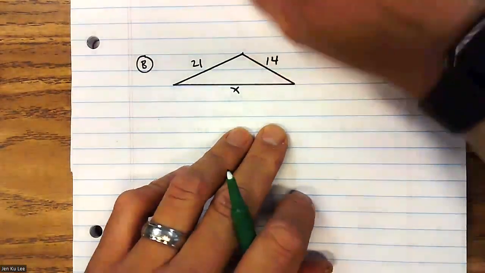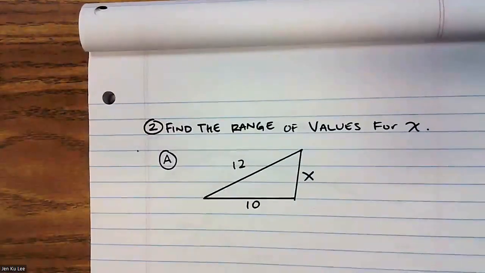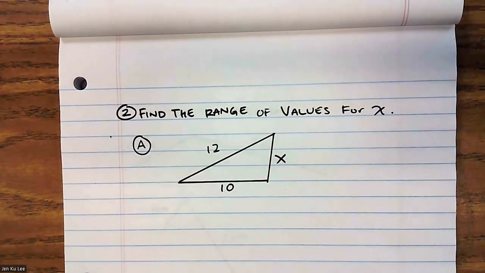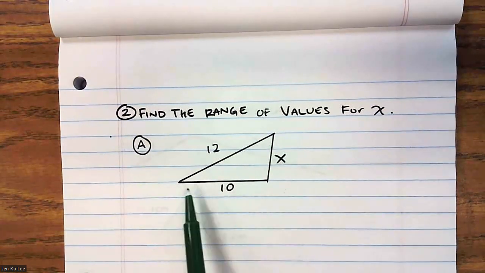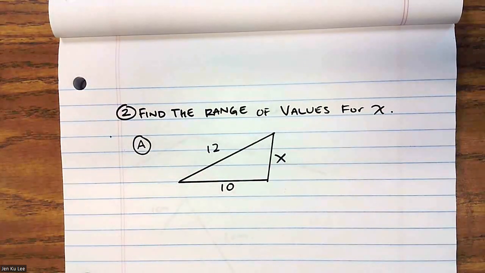And now, number 2, the second type of example. We're going to find the range of values for this third side x. We're given 10 and 12. What is the range of numbers that x can be?